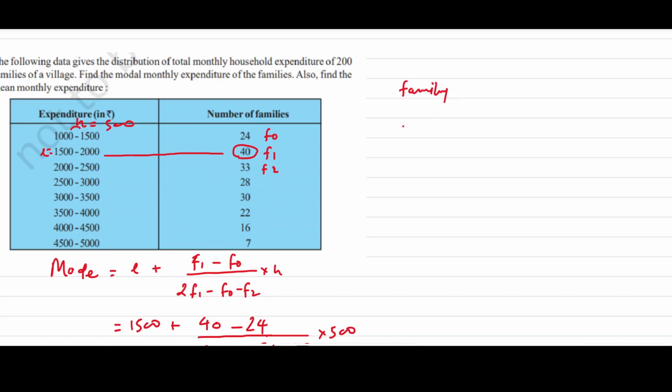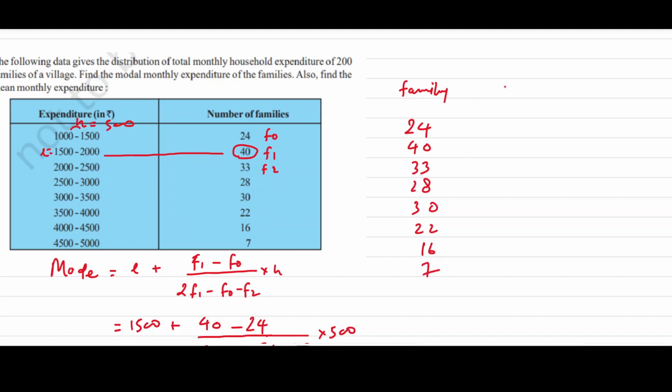Here we will write 24, 40, 33, 28, then 30, 22, 16 and 7.